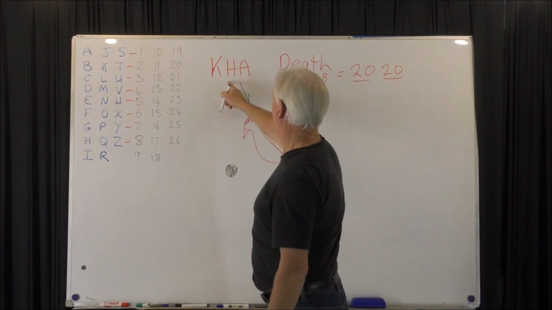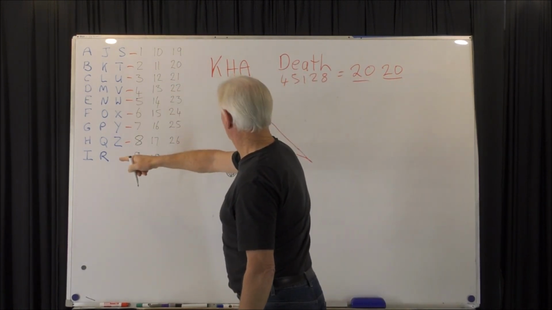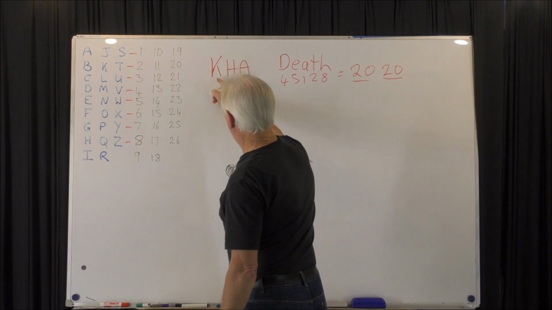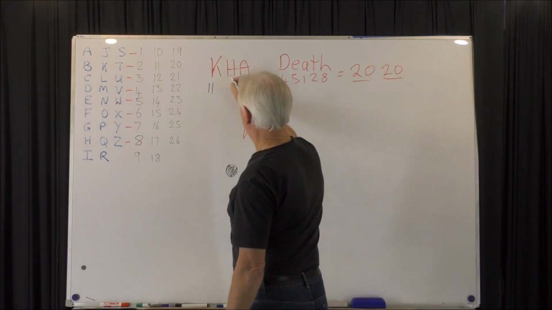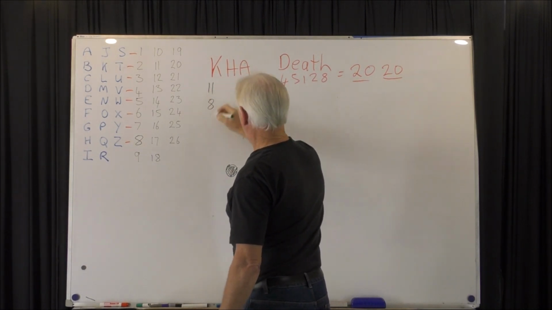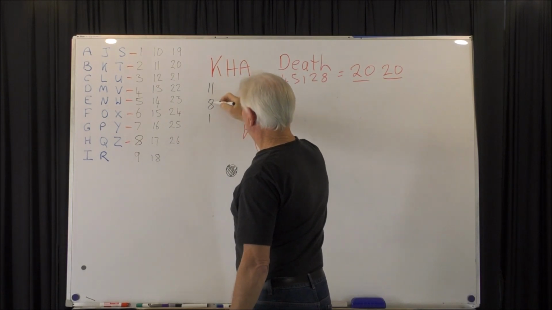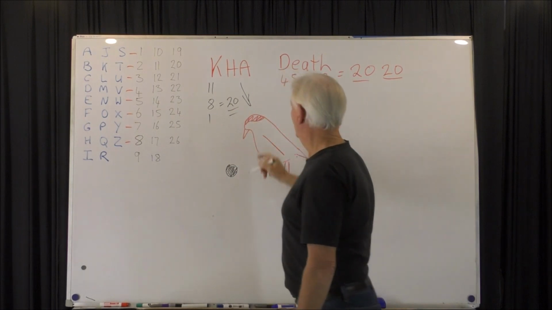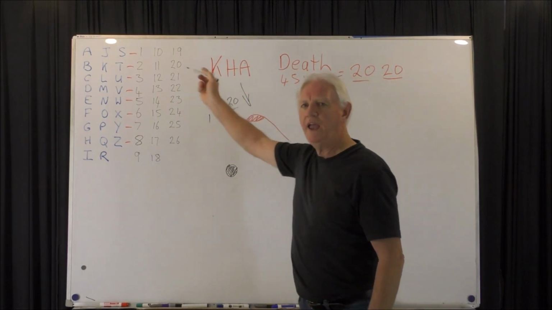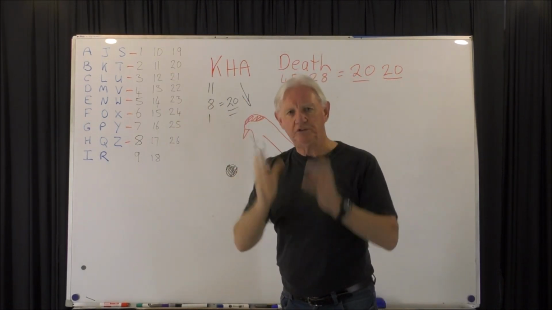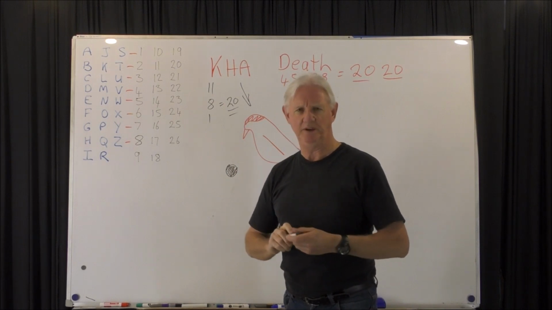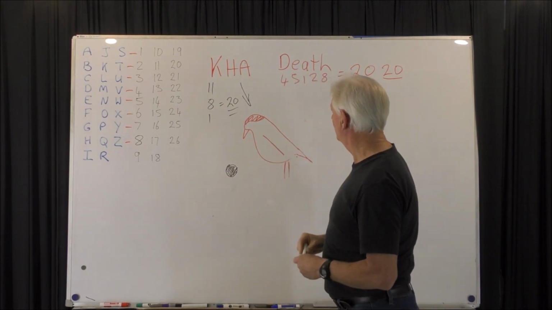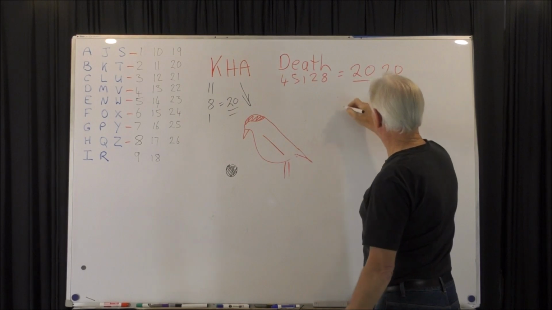Now if I take K, H and A up here and start to look at it, K is actually the 11th letter of the alphabet, H is the 8th letter, and A is the first. 11 and 8 is 19, and 1 equals 20. So what they had in their languaging back then resulted in the same thing. And just to show you that it's not coincidental, the opposite to death is birth.